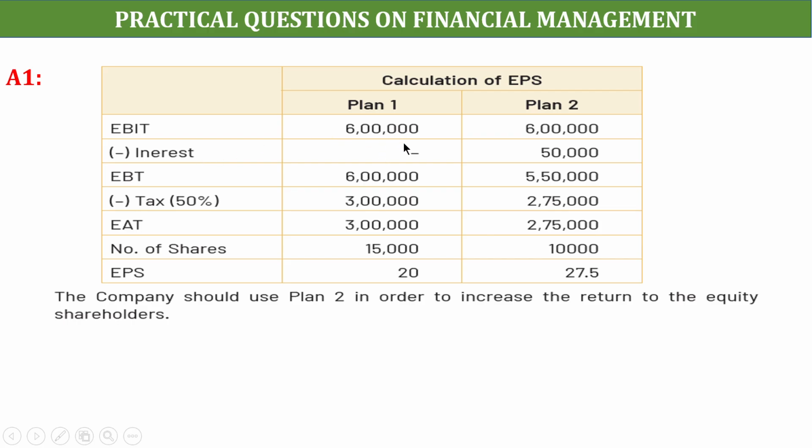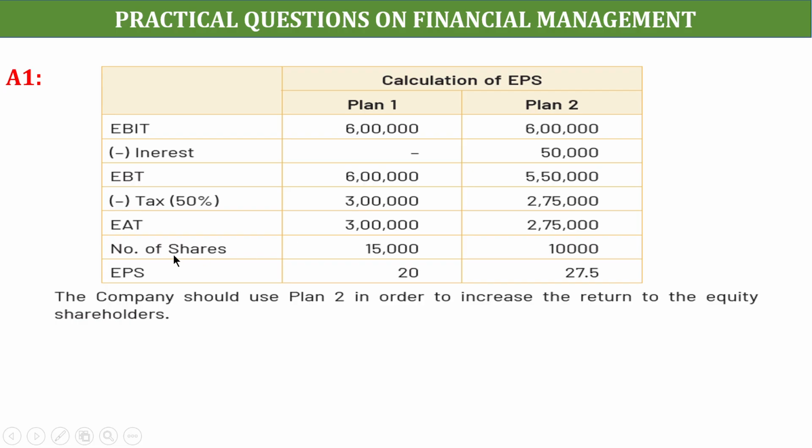So interest would be nil. So earning before tax is rupees 6 lakh. Now on this 6 lakh we have to pay income tax at 50%. 50% of rupees 6 lakh, rupees 3 lakh, is the tax and earning after tax is rupees 3 lakh.